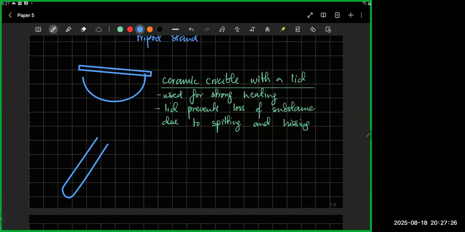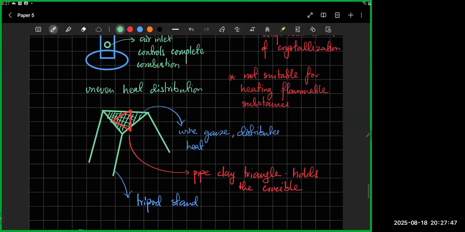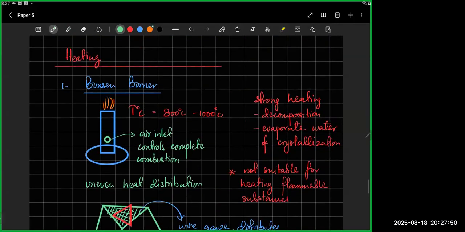That's a boiling tube, and the boiling tube is also used for strong heating. अच्छा, इसमें one way to adjust the heat with a Bunsen burner, you can adjust the flame distance.